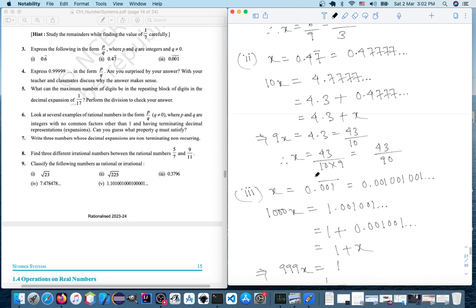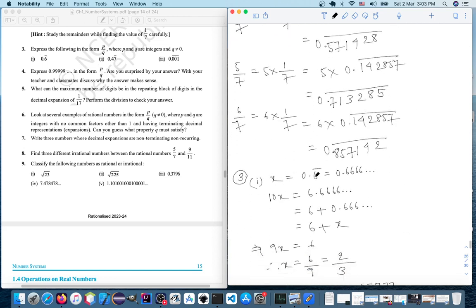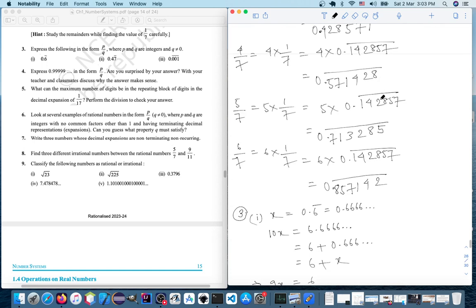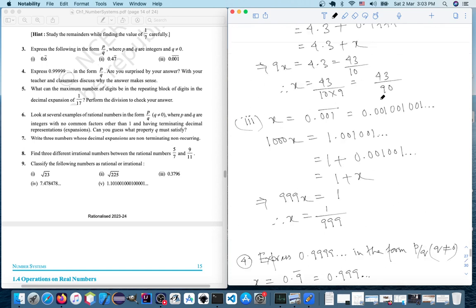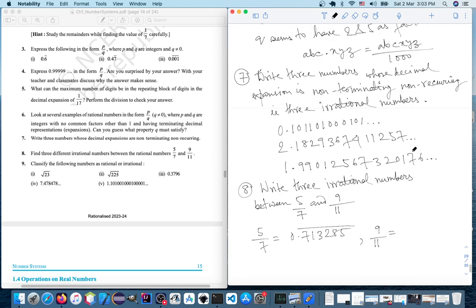Let's see, 5 by 7 we did. 5 by 7 was 0.713285, repeating: seven one three two eight five. And 9 by 11, did we do 9 by 11?